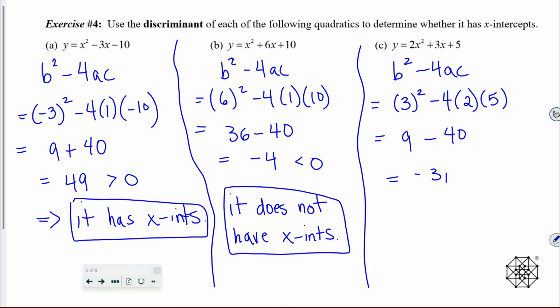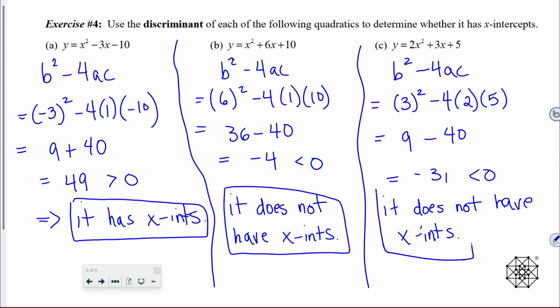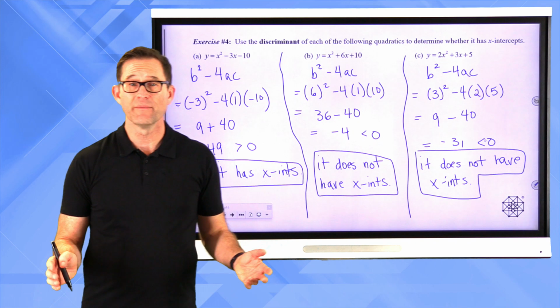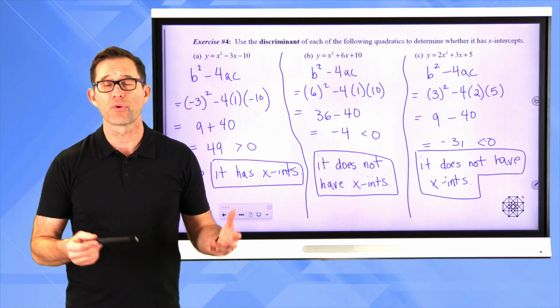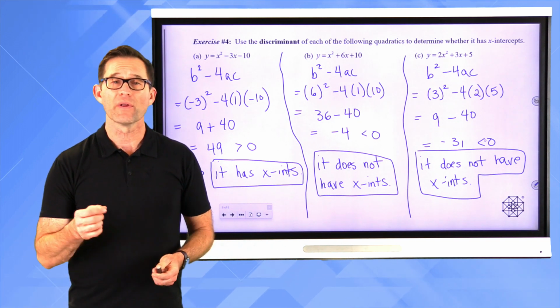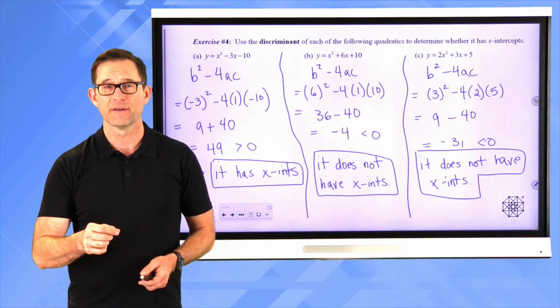And again, I don't care about anything except for the fact that it's less than 0, which means that it does not have x-intercepts. All right, and that's it. So the discriminant is a very powerful way of understanding whether or not a parabola, a quadratic function, will intersect the x-axis or not.